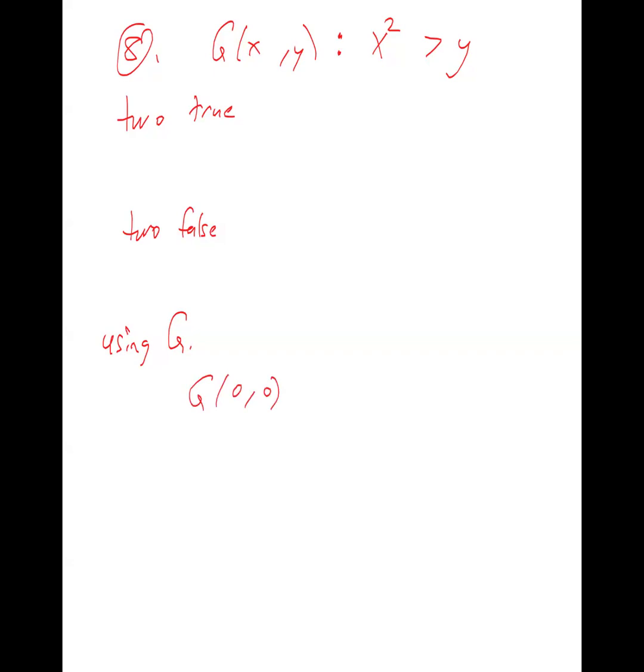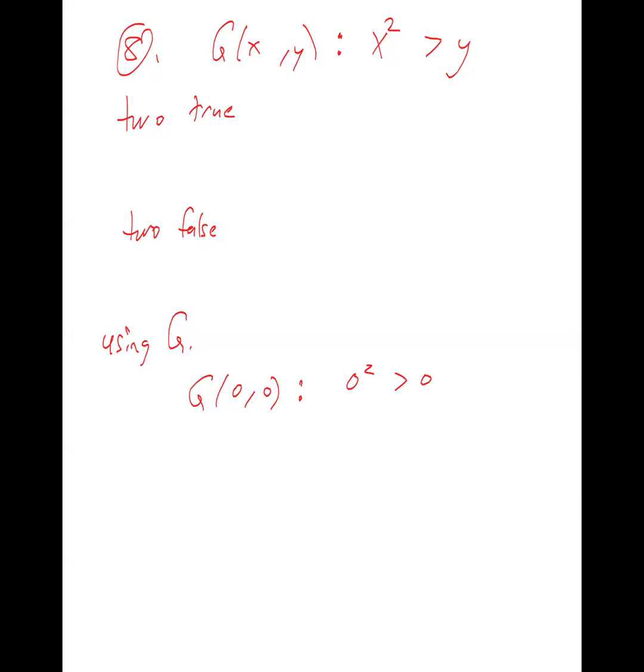What does g00 mean? Remember, g of xy is the statement x squared is greater than y. So g of 0, 0 is the statement 0 squared is greater than 0, right? Is that true or is it false?